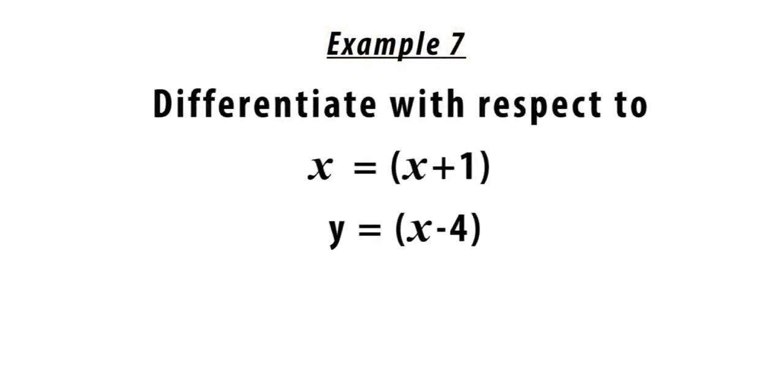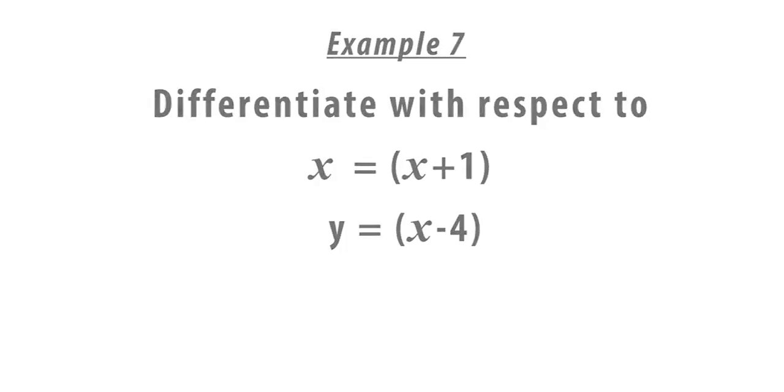Differentiate with respect to x, y is equal to (x plus 1) multiplied by (x minus 4). Let's take the solution. There are some other methods of differentiation we can use, but let us expand and simplify first.